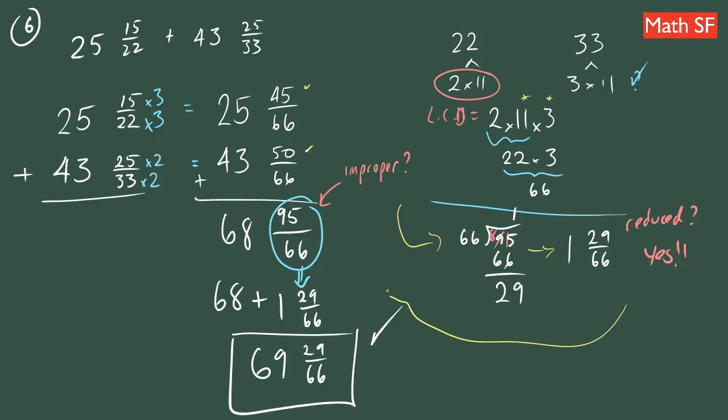Then we go back to the problem and check it out. 95 over 66 was actually 1 and 29 over 66, and this one with the 68 added together should be 69 and 29 over 66. Okay, so the hardest part in this particular chapter is to find the correct LCD, LCM. If you need more help on the LCM, make sure you review that in chapter 5.2.